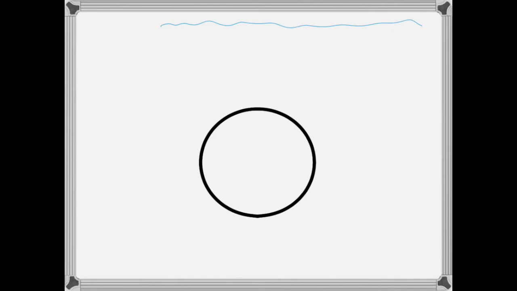I'm going to start drawing some stuff that we know. I'm going to draw my rectangle. There's my delta y. And y equals 0 is right here.